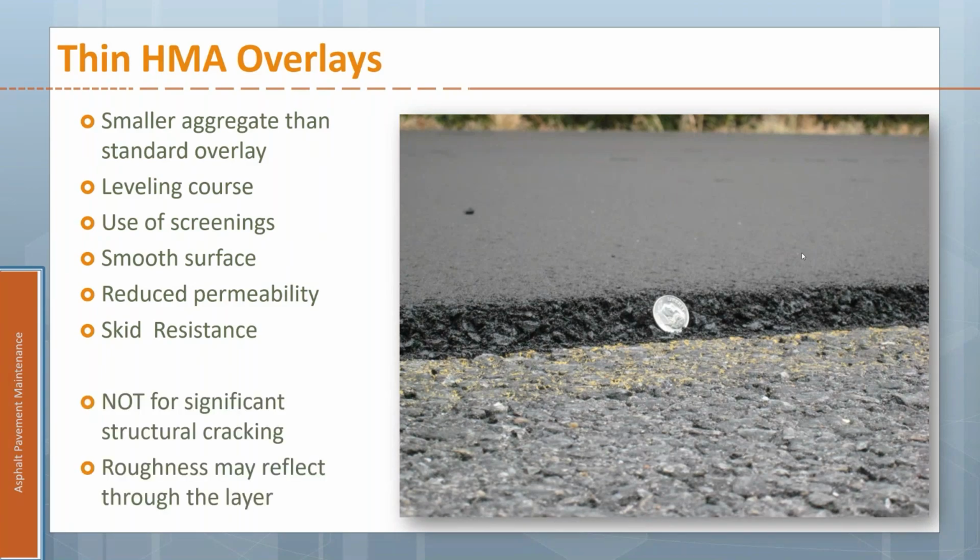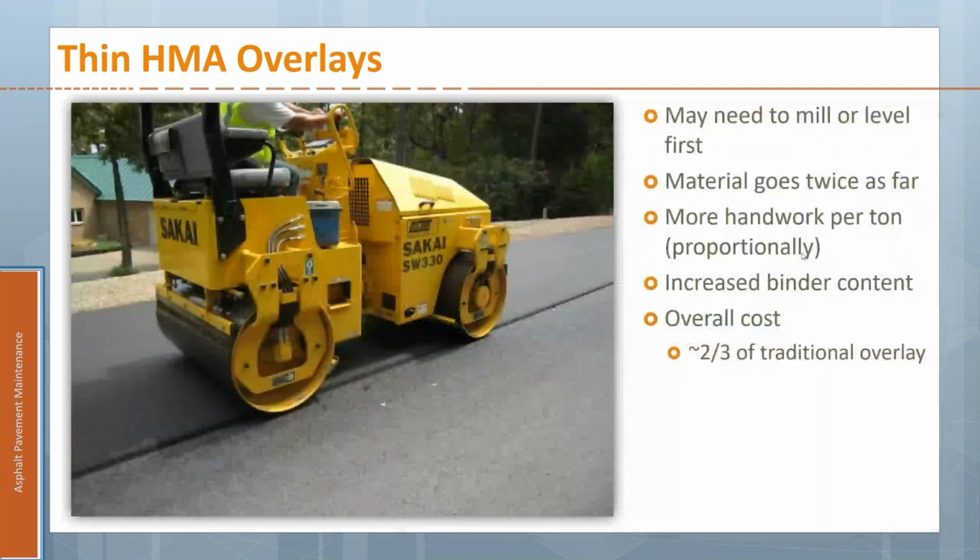Now, because this is going to be placed in thinner layers, it's still not going to do a whole lot of good for any significant structural cracking. That thin layer can only cover up so much, and so if you have any roughness in that underlying layer, you're going to see that reflect through.